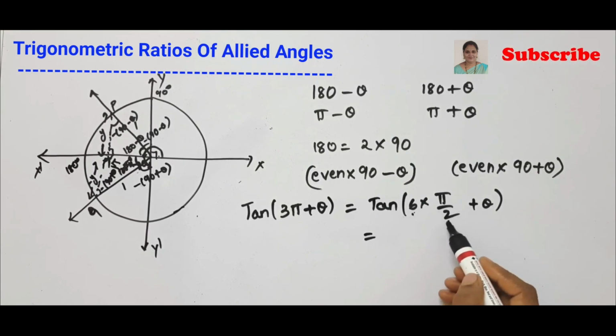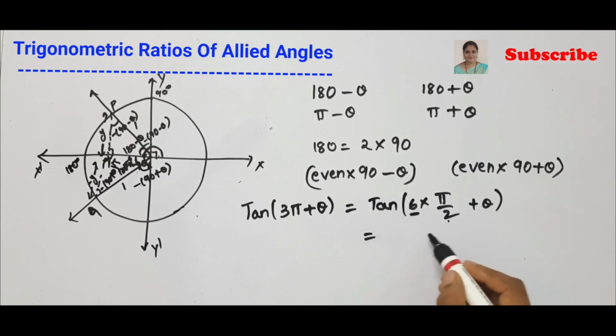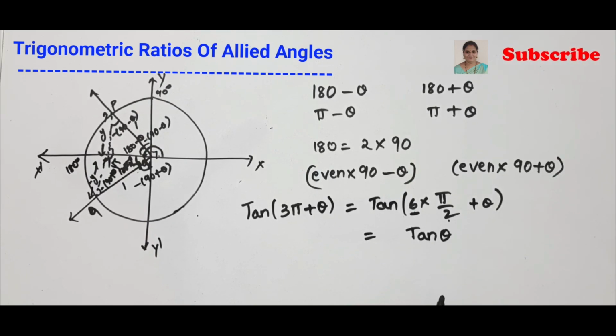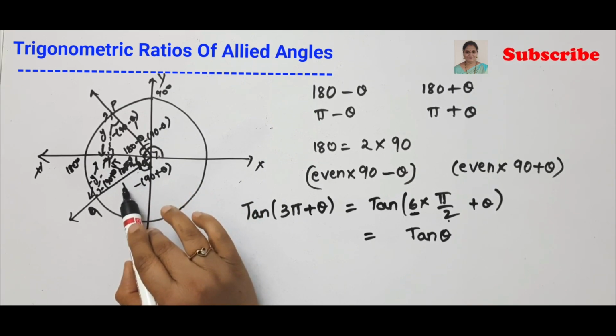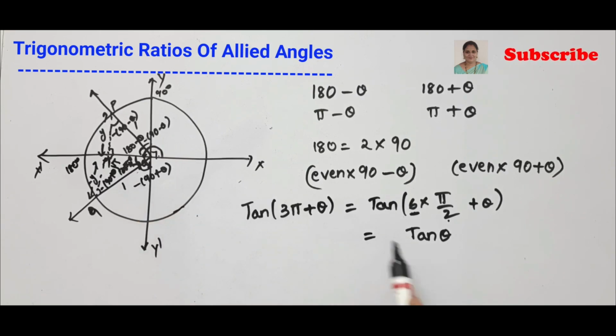So 6 into pi by 2. Here the number is even, so there will be no change in the trigonometric ratio. So we write the same ratio with the angle theta. Now to get the sign, observe in which quadrant 3 pi plus theta lies. It will be in the third quadrant. In the third quadrant, tan and cot will be positive. So we get tan of 3 pi plus theta as positive only, tan theta.